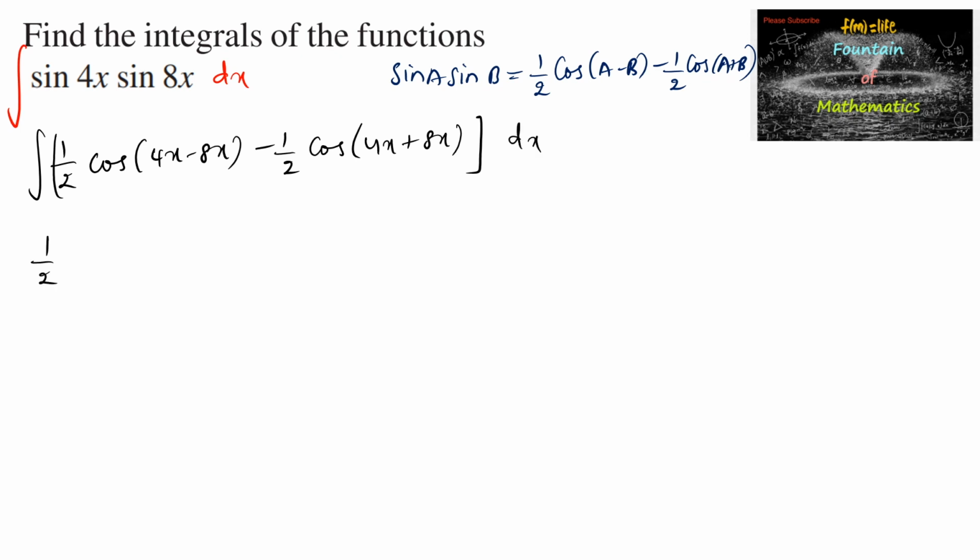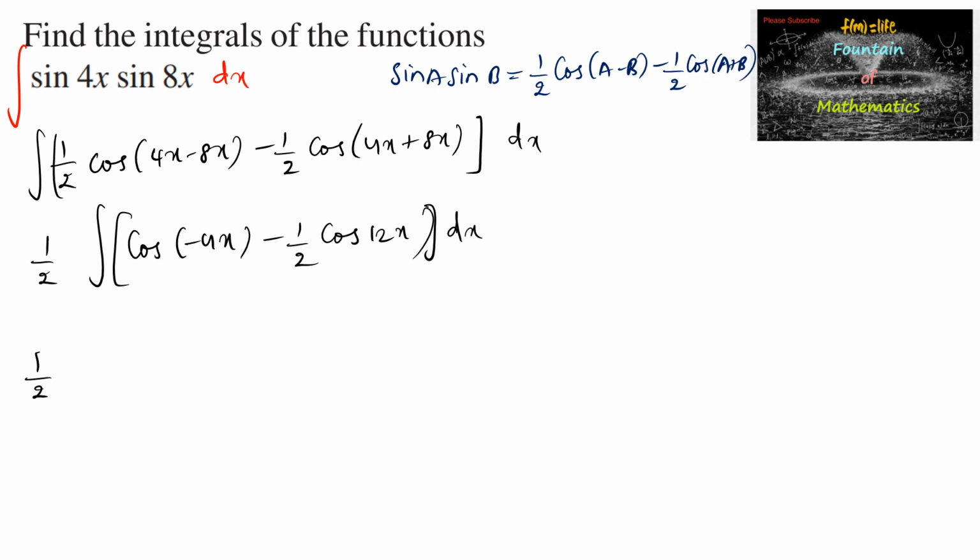Or we can take 1 by 2 common. Integral of cos 4x minus 8x is minus 4x, minus 1 by 2 cos of 4x plus 8x is 12x dx. Or we can write 1 by 2 times of integration of cos 4x dx minus integration of cos 12x dx.